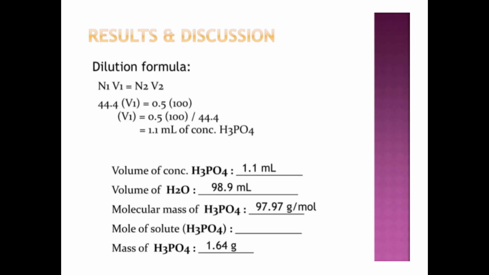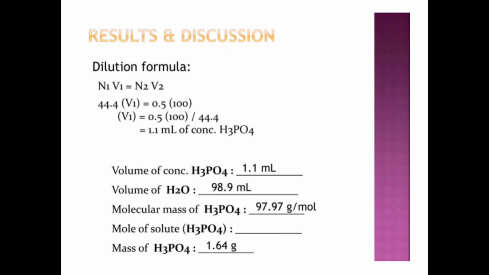Now it's very simple. We go back to your dilution factor. Now your normality can also replace your molarity. Take note of that. So you can also say N1V1 is equal to N2V2. Like I've said, the difference between your molarity and normality is the basicity.